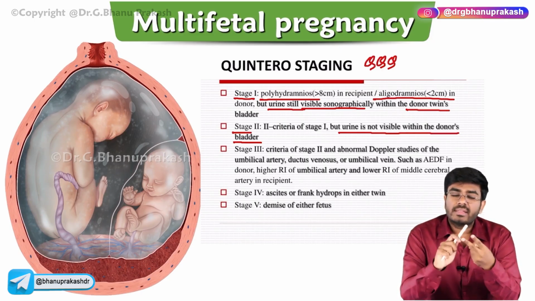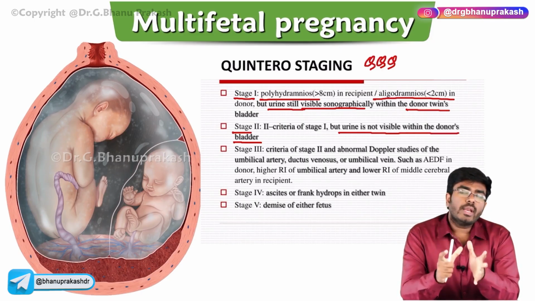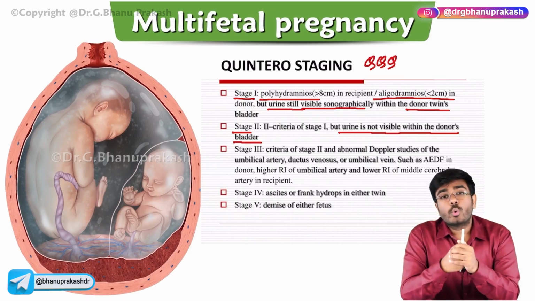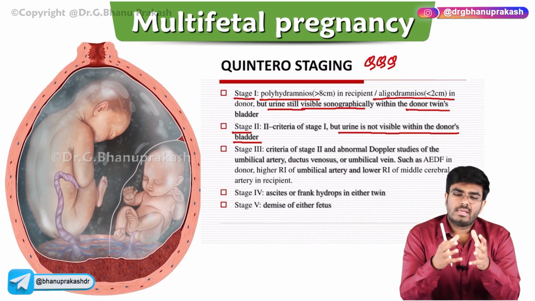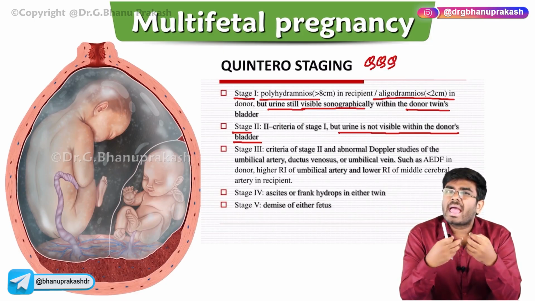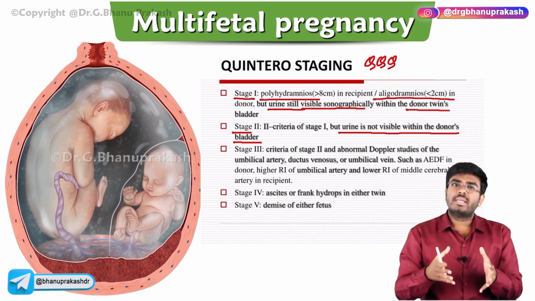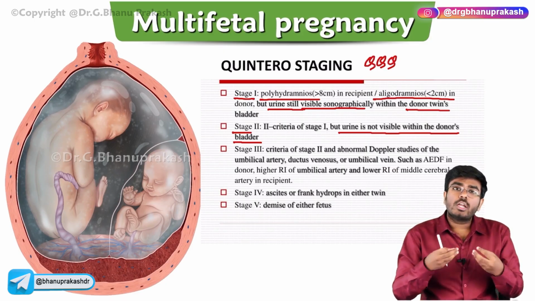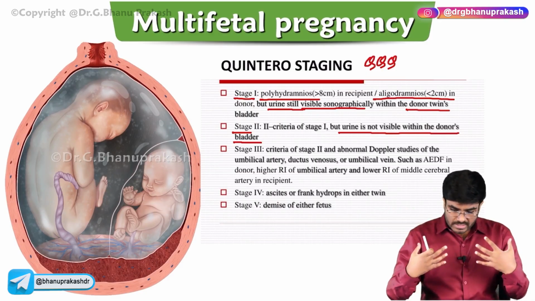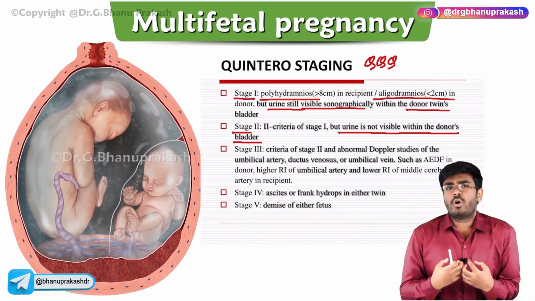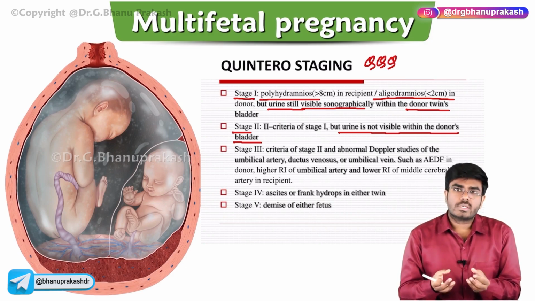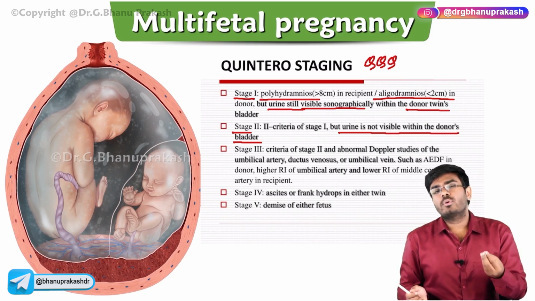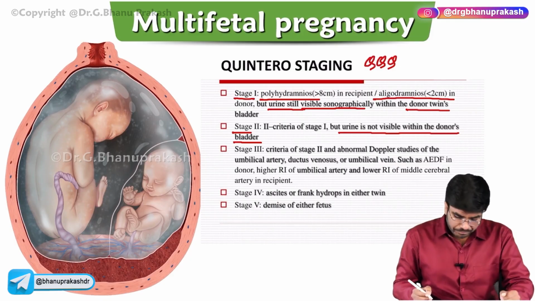But in the second stage, the urinary bladder is not visible in the donor twin, which means there is oliguria or anuria. The condition is getting more severe. The donor is not producing urine because it has such a very low blood volume. That's the reason you can't pick up urine in the urinary bladder.